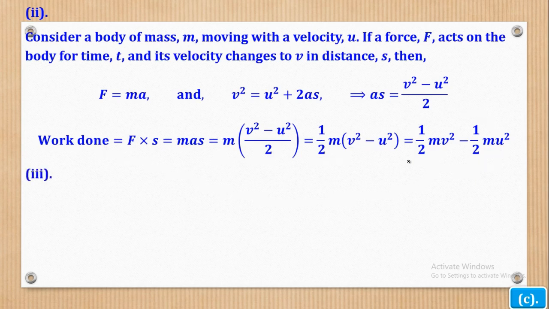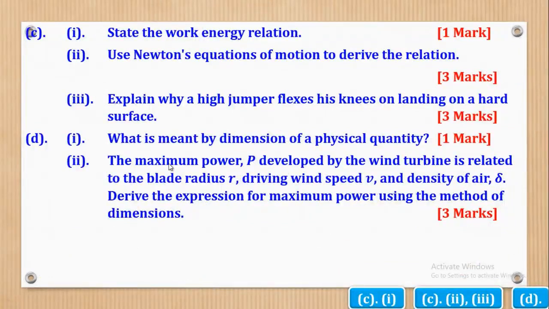So now we shall go to Roman 3. Roman 3 says, explain why a high jumper flexes his knees on landing on a hard surface.